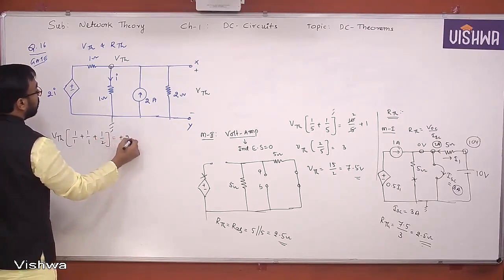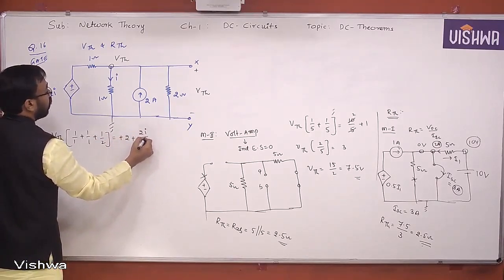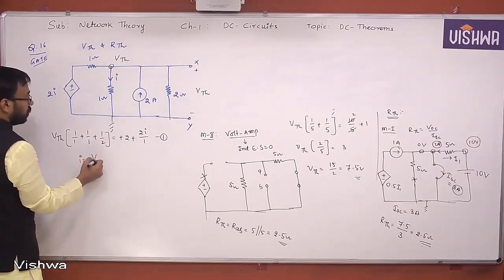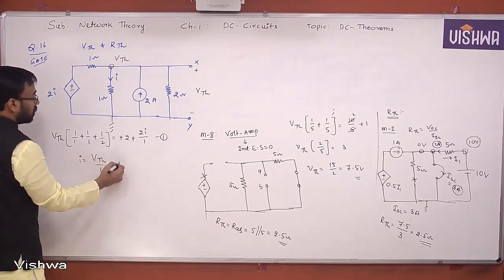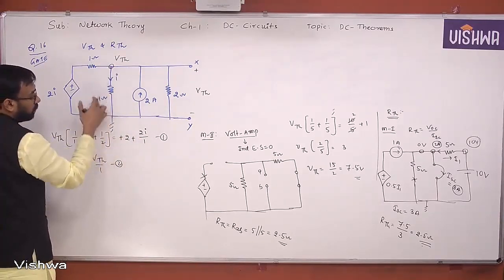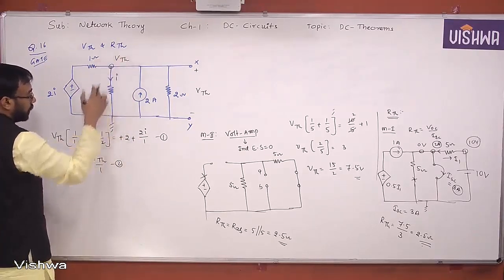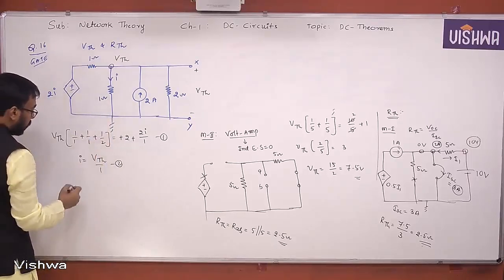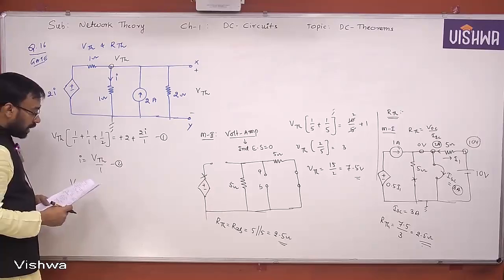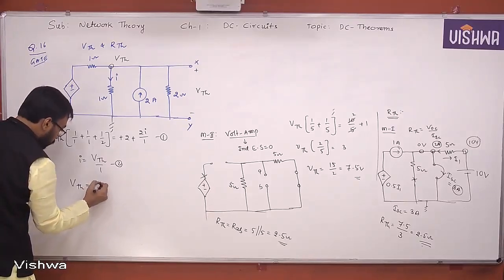By inspection, plus 2 ampere plus 2I by 1, equation 1. You already know that I is equal to VTH by 1, second equation. So substitute that here, then finally you get the VTH value. I give the answer here. You are supposed to get 4 volts.